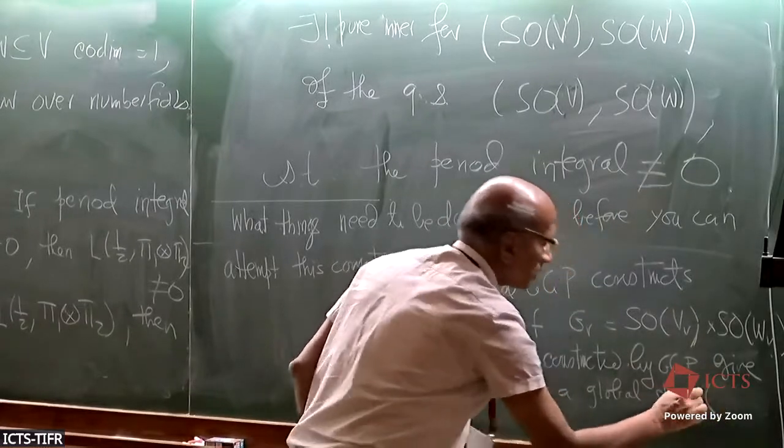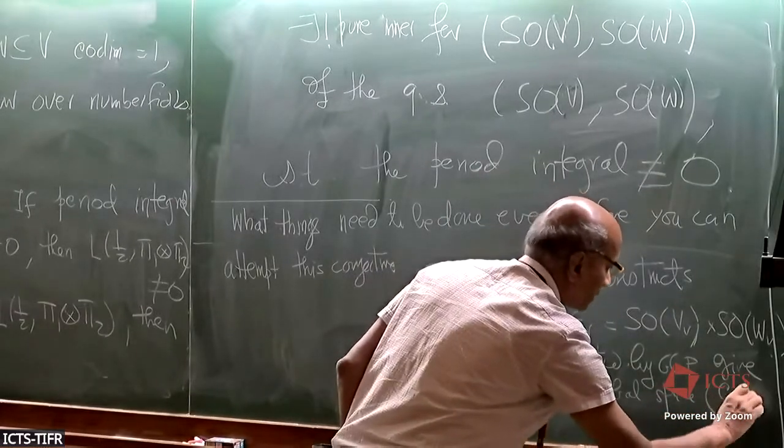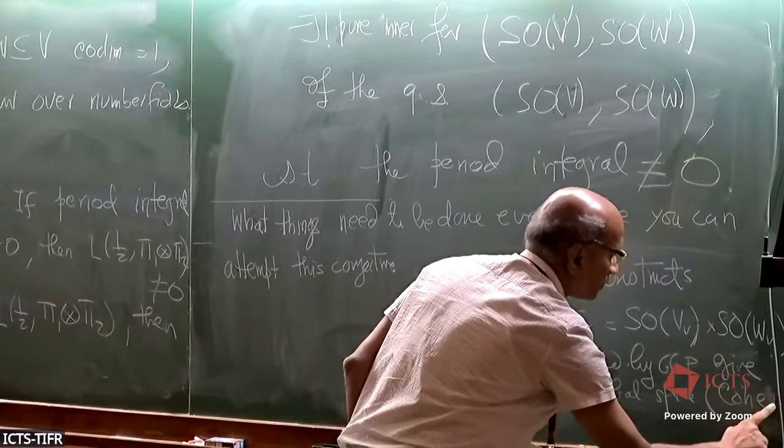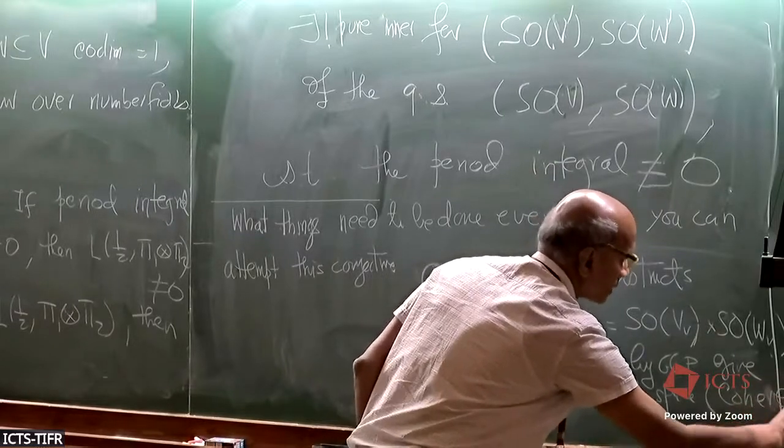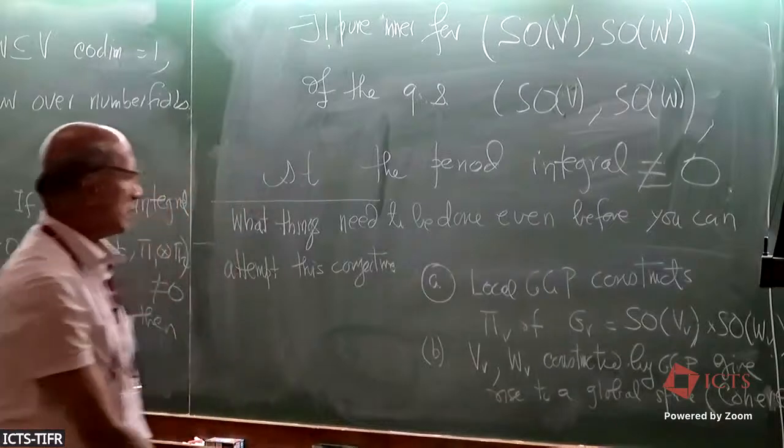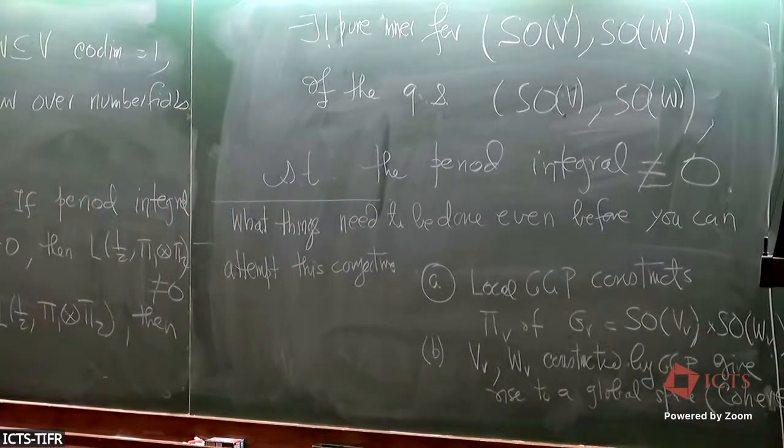So this is often called the coherence condition. Coherence. These spaces are coherent. Which means that now these groups come from a global group.